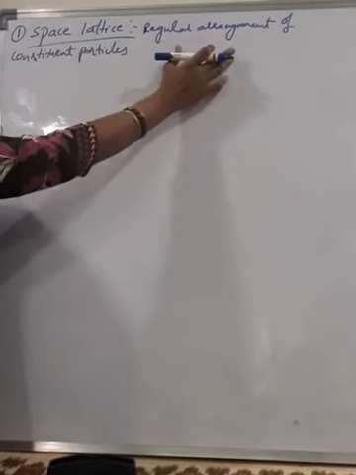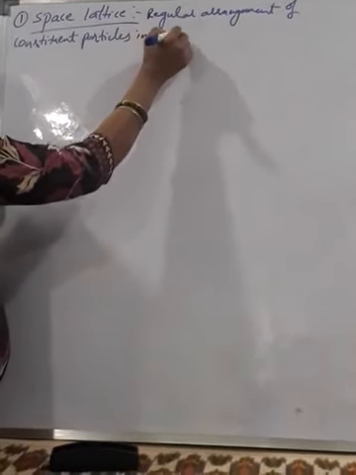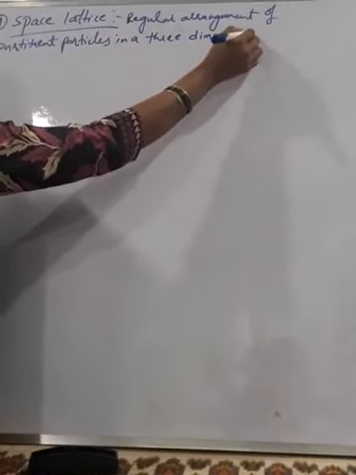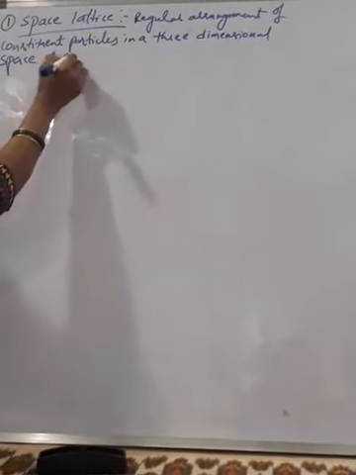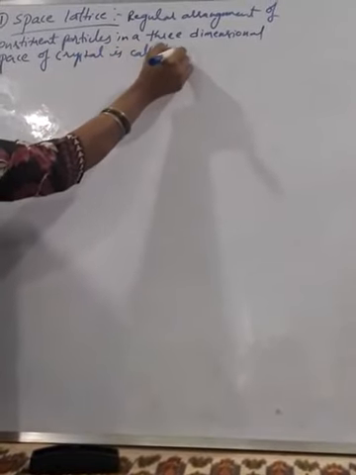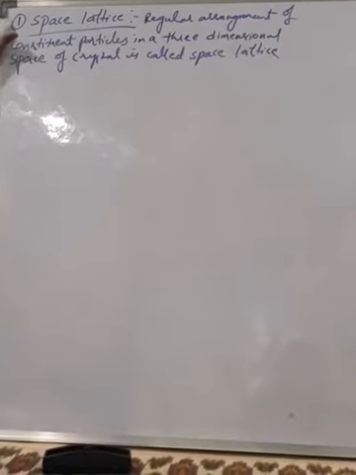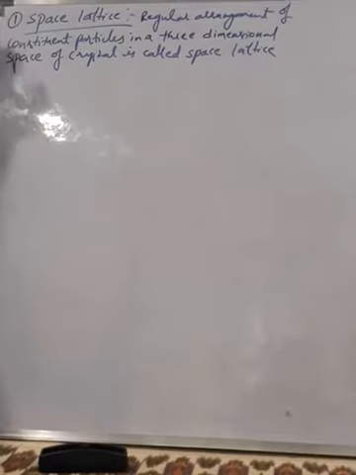Okay, so regular arrangement of constituent particles in a three-dimensional space of crystal is called space lattice.